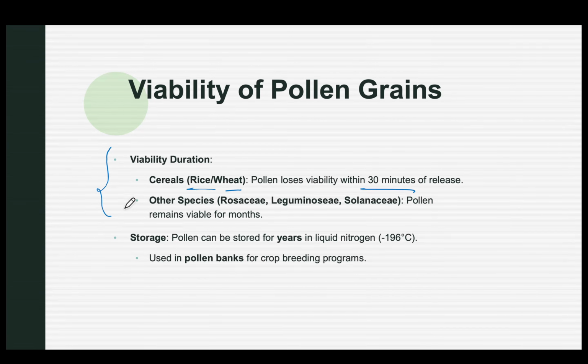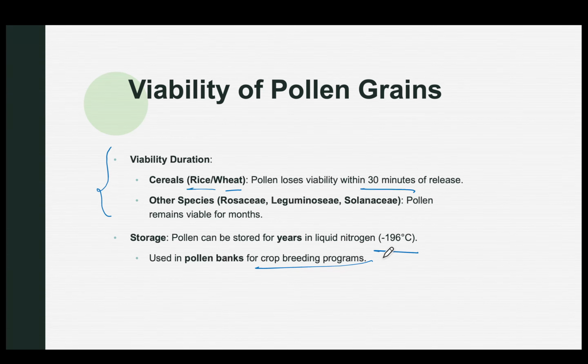So how to store them? First of all, it's even possible to store pollen grains for years using liquid nitrogen, which keeps the temperature as low as minus 196 degrees Celsius. This is useful in a pollen bank for what purpose? For agriculture research and crop breeding programs as well.